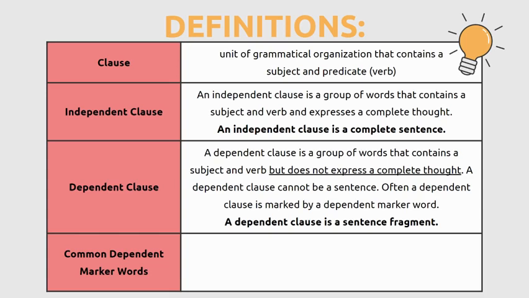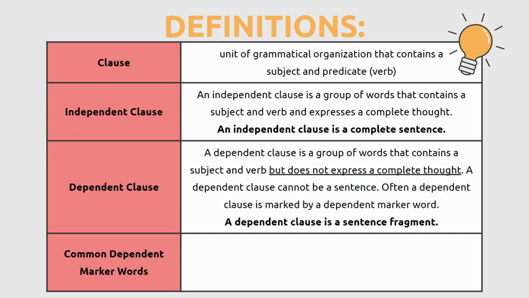And we'll go over those in a second. But again, here's some bold words for you. A dependent clause is a sentence fragment. So if you've ever had written on your paper fragment or anything like that, that's what's happening. You have a dependent clause, it's not expressing a complete thought, it's not working.